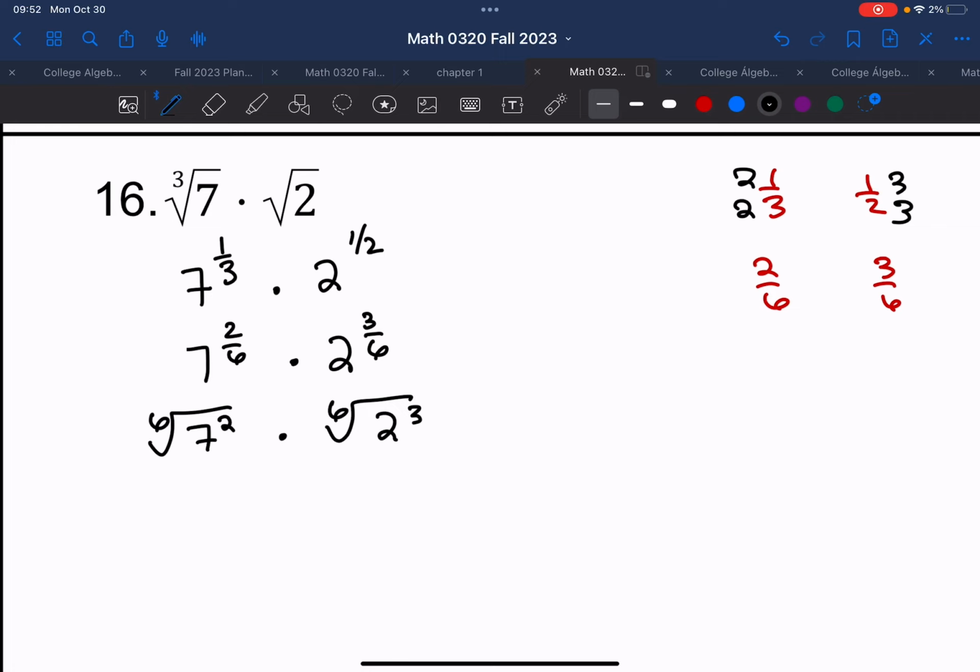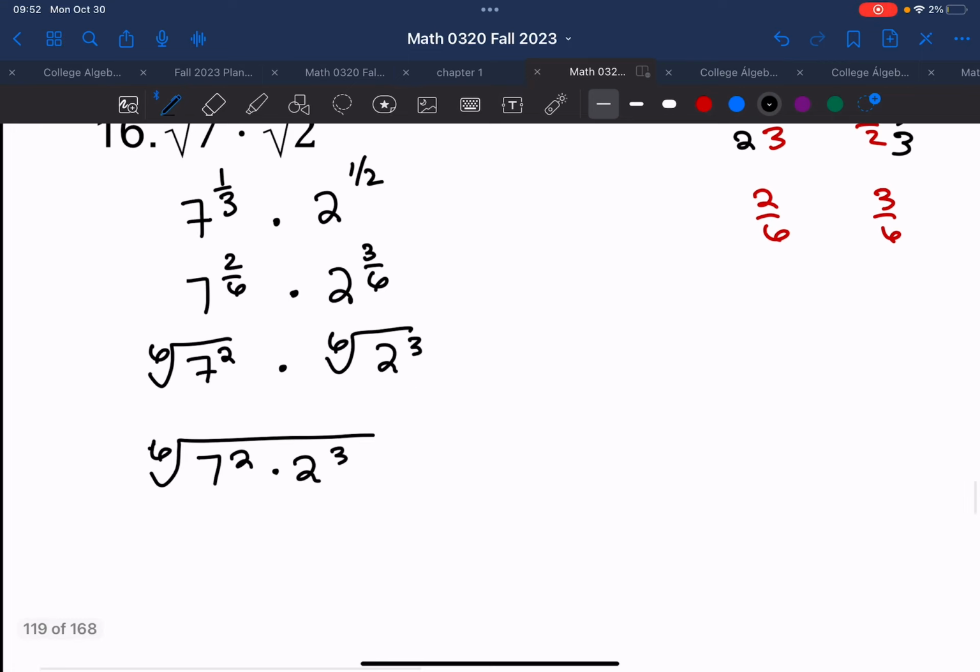Okay. Now that they have the same index, I can write them under the same radical. So this becomes 6th root of 7 squared times 2 to the third. Okay. We're going to have to simplify that.